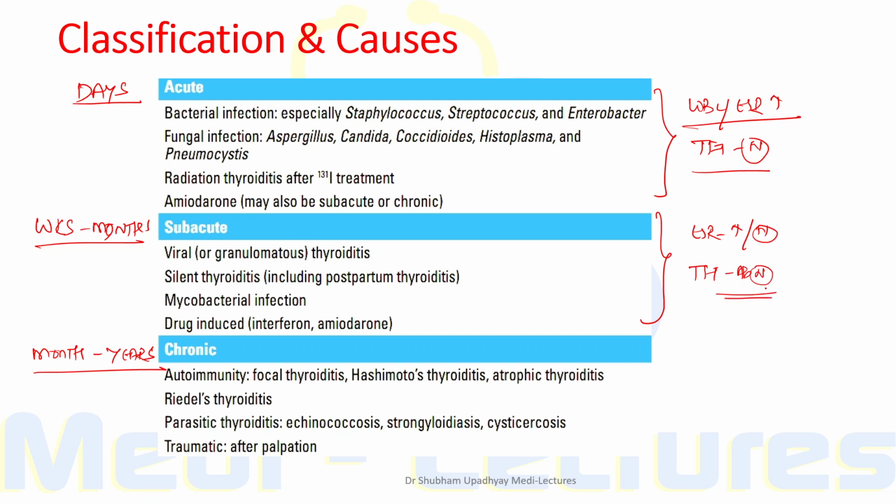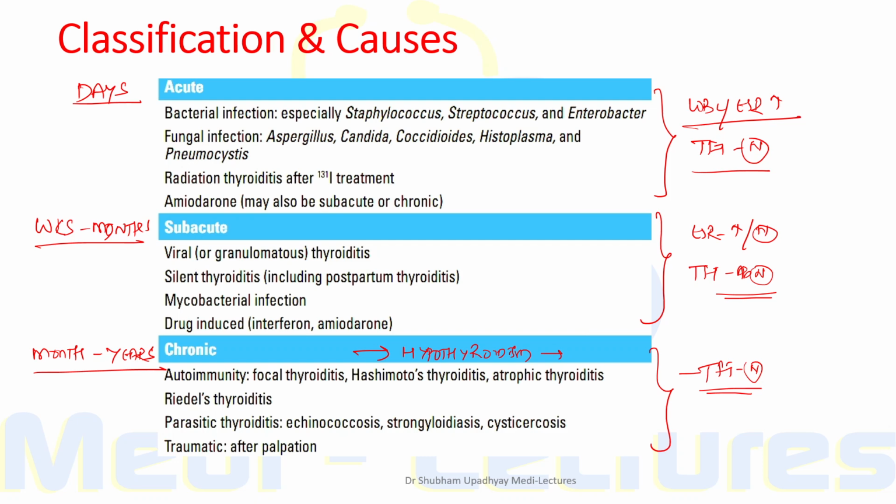We will discuss in detail the various stages of subacute thyroiditis. Finally, in chronic thyroiditis, in the thyroiditis stage the thyroid function test will be normal, but most of these patients later lead to hypothyroidism. When the patient becomes hypothyroid, the thyroid function test will again be abnormal.